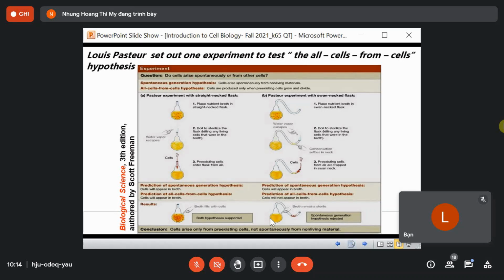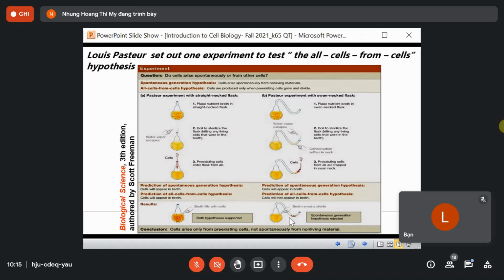This result strongly supports that new cells come from pre-existing cells. Even with the open flask like that, the cell cannot come inside because they are trapped in this part, so the color in this part didn't change.